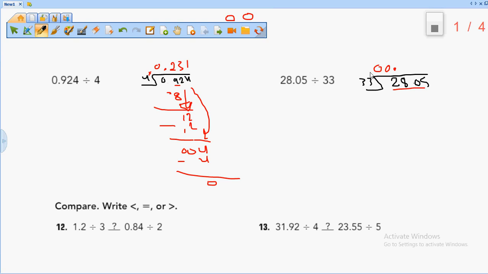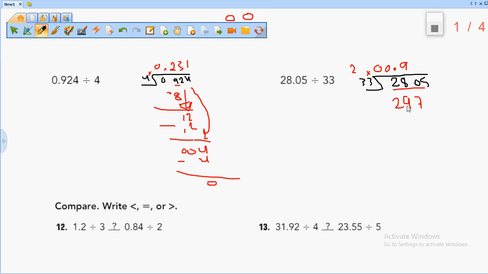28 divided by 3, it's 9. 9 times 3 is 27, so it's less than 28. Now multiply, 9 by 3, 27, 2, it's 297.